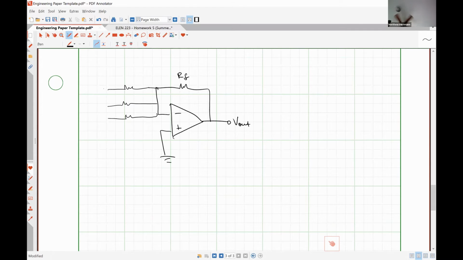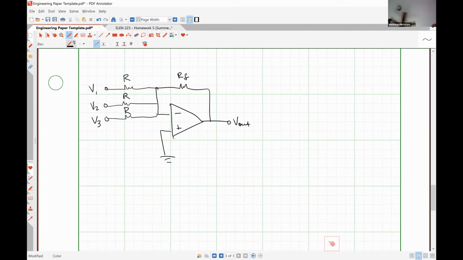We'll just do it for 3 signals, but it should be pretty easy to see that we could do it for effectively an infinite number of signals. And let's call all of these just R.